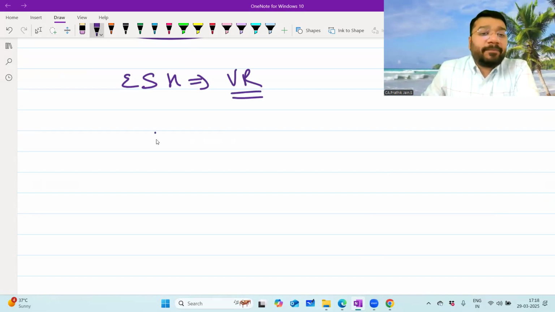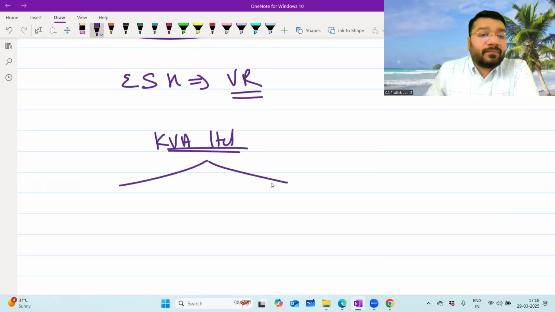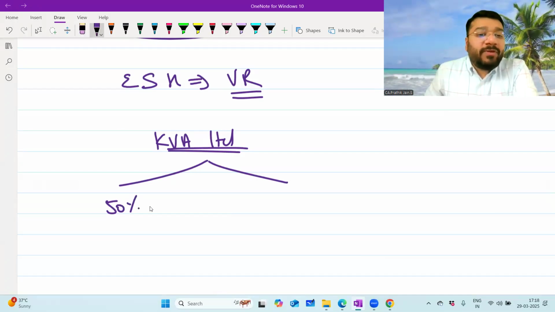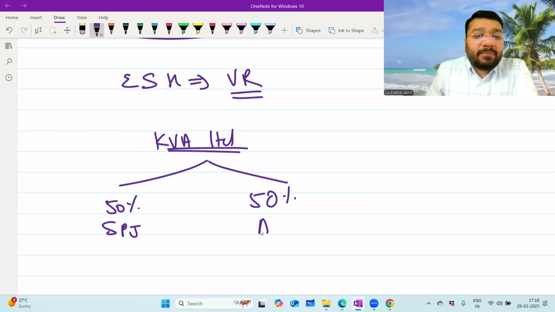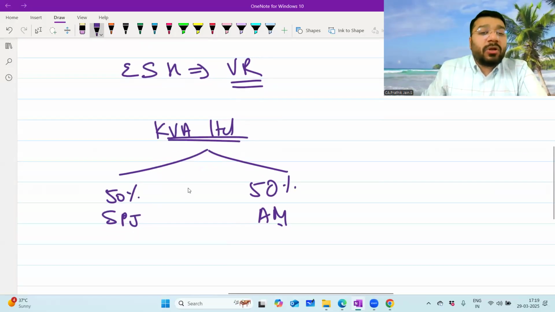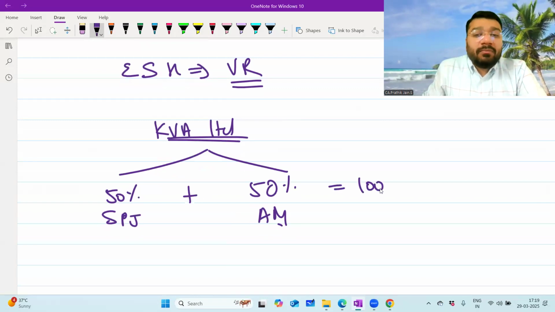Let's suppose KVA Limited: 50% stake with me, 50% stake with Pratik Sir, SPJ, and the remaining 50% is with Anita ma'am, for example. So who are the 100% controllers of the company? Both of us put together, SPJ plus Anita ma'am.